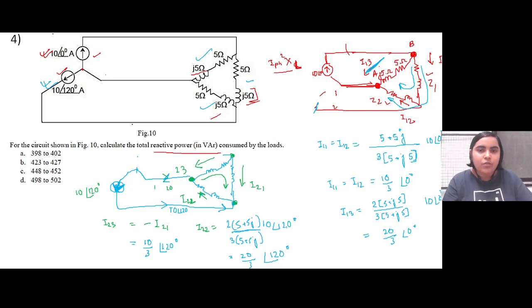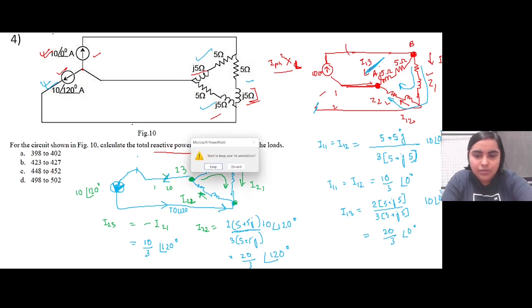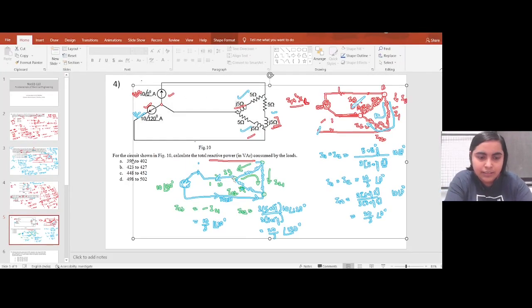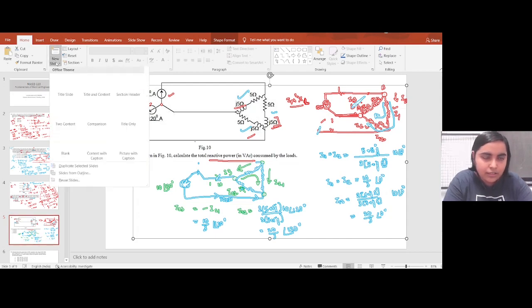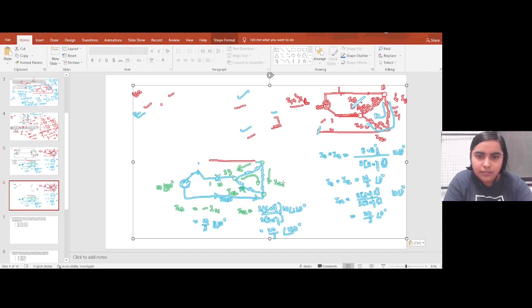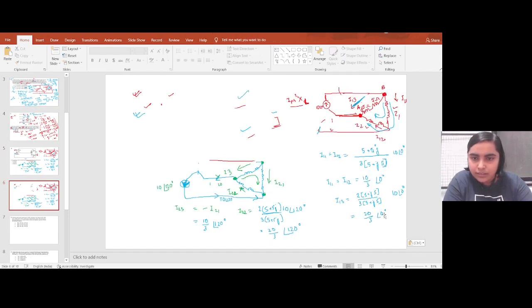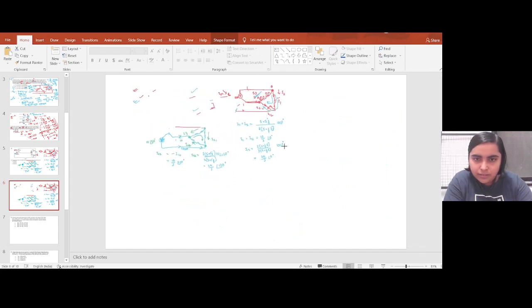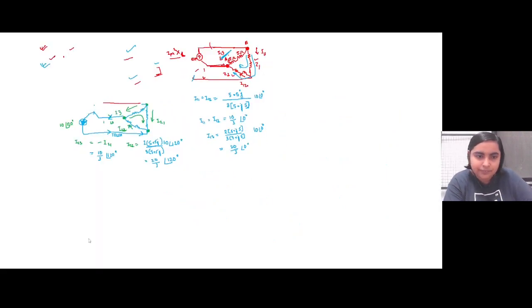This is fine. Now, assuming superposition, we have to calculate the total current in each branch. So I will just copy this to the next slide. So total current, let's say in this branch, I1 will be equal to I11 plus I21, the contribution from both the sources.